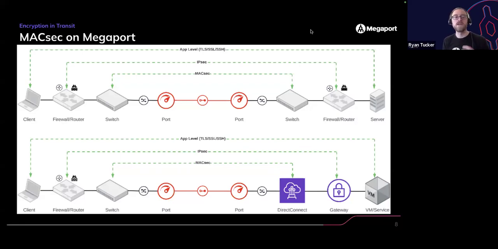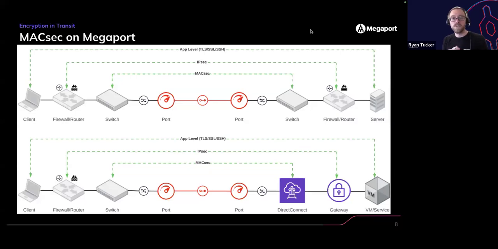So starting from the top, app level encryption, host level encryption, things like SSL, TLS, SSH, that kind of thing. They create this tunnel, this encrypted session from the client machine all the way through to the server that it's talking to on the other end. And there's an individual one of those sessions for every client machine and every server.